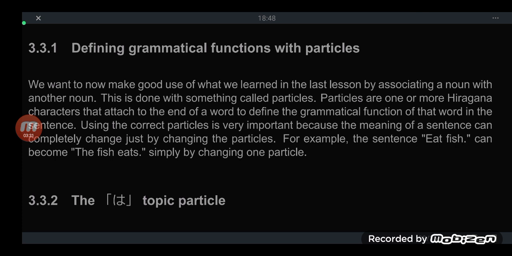Let me give another example. Anata no terebi wa sugoi desu. Anata no atarashii terebi wa sugoi desu.